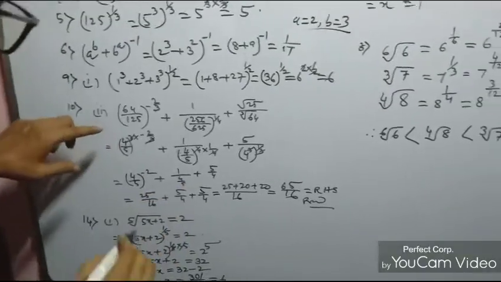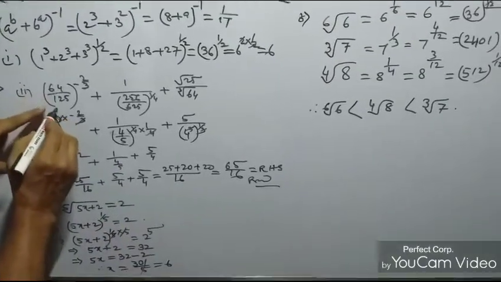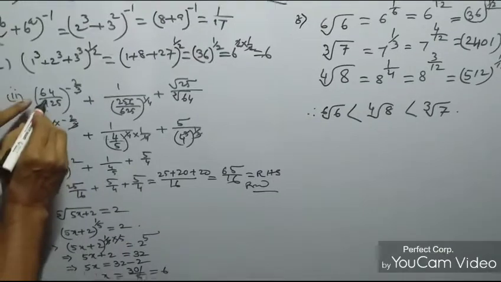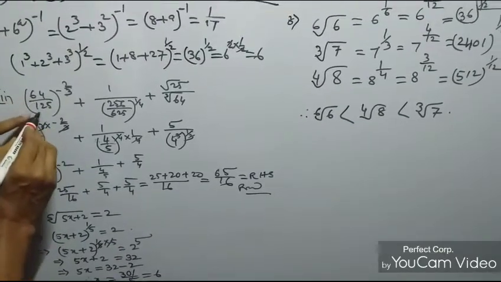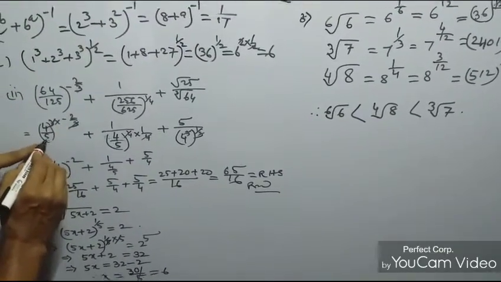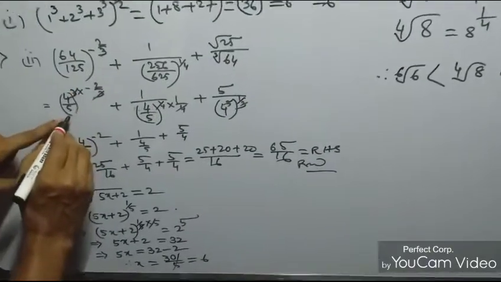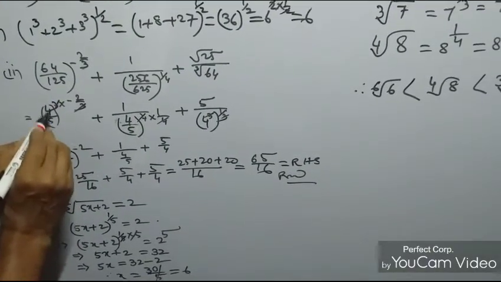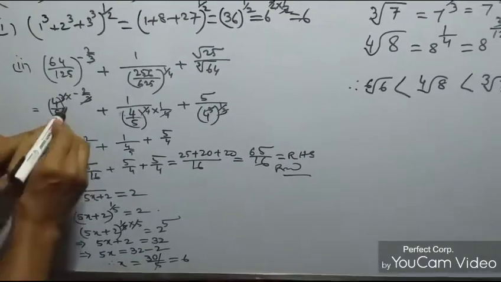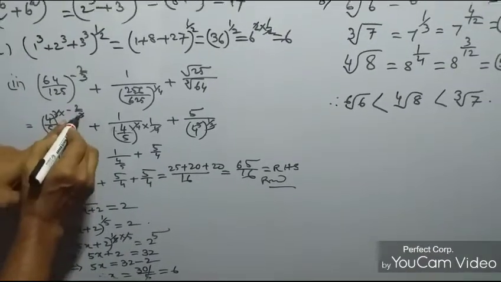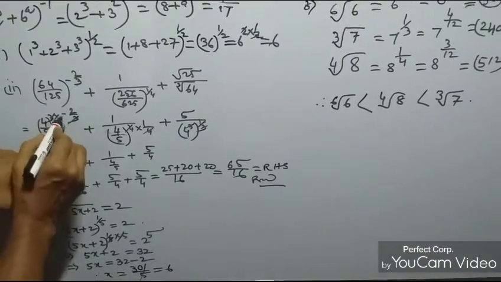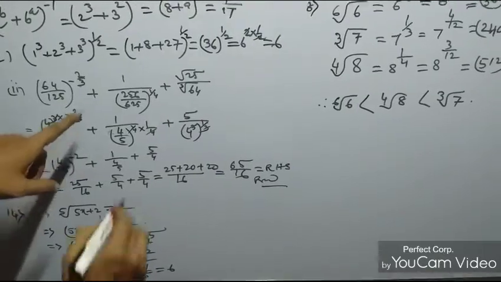See, here 64 by 125: 64 we can put as 4 cube, and 125 we can put as 5 cube. So we can write this number as (4 by 5) to the power 3, into this power, it will be multiplied. So 3 into 3 will be cut off, and minus 2 is remaining over here.